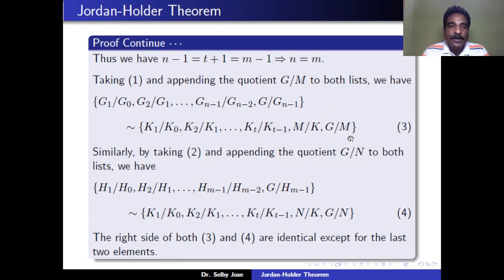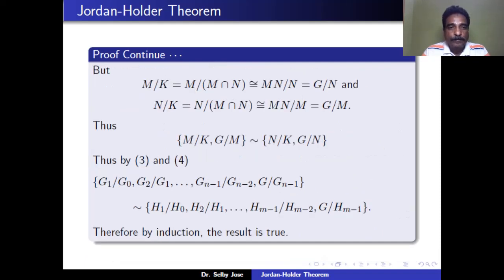That means there is a 1-1 correspondence between the right hand side of this set and this set, and the corresponding factors are isomorphic. Therefore, the left hand sides of 3 and 4 are in 1-1 correspondence, and the corresponding factors are isomorphic.